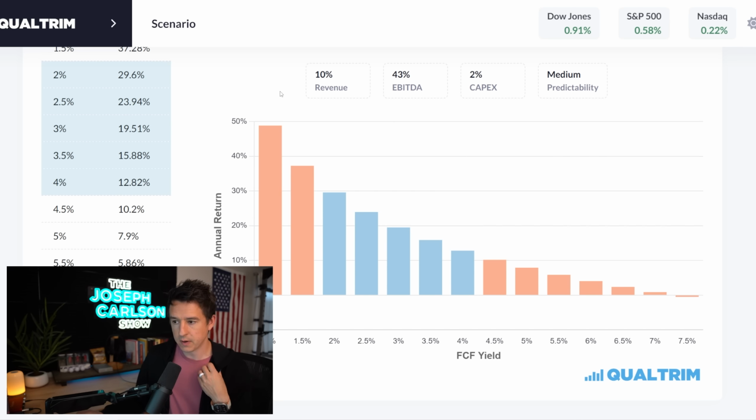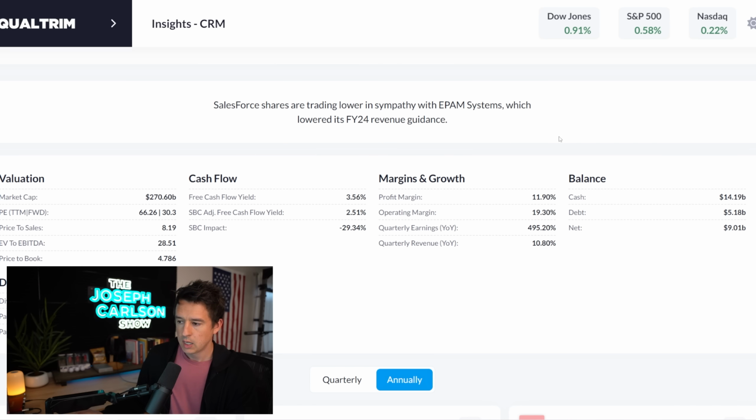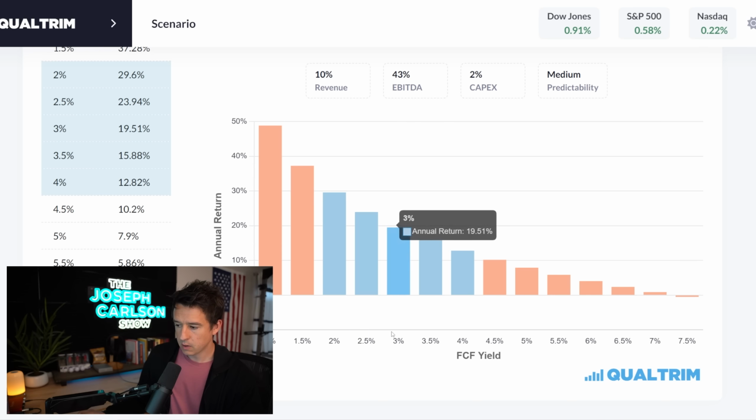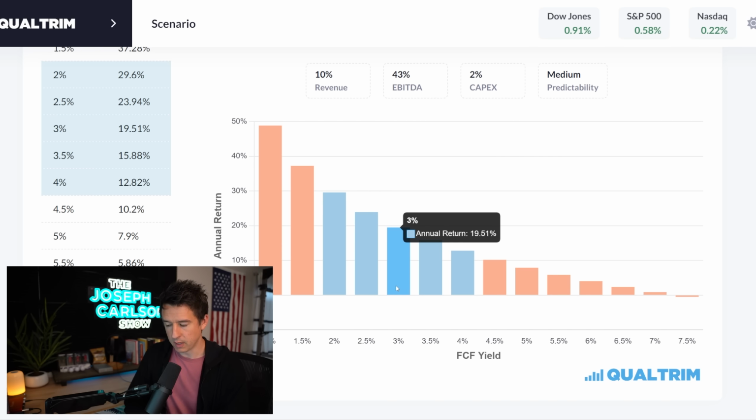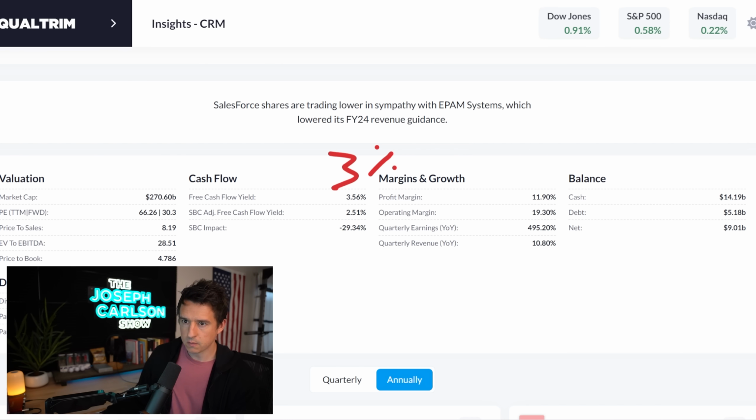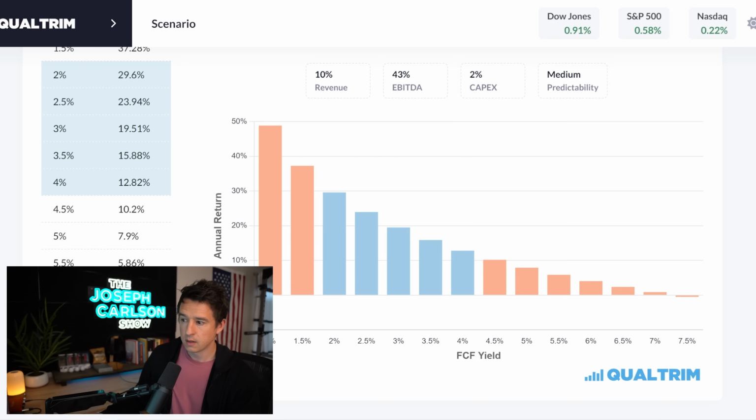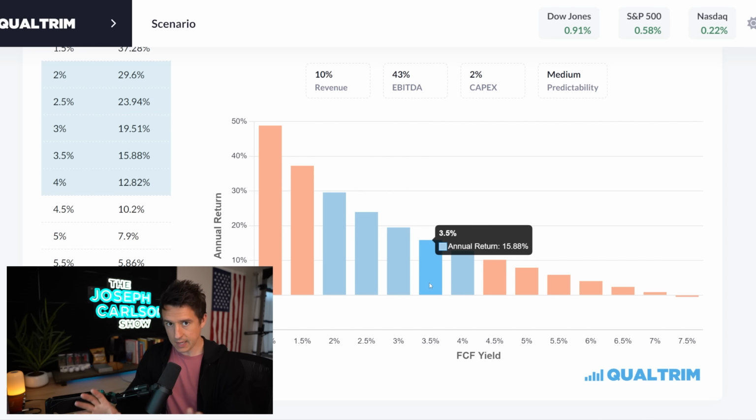Another way of thinking about this very simply is if the free cash flow yields 3% today, this shows you the return if it were to just stay at 3%. So right now, Salesforce trades at 3.5%. If the multiple or the free cash flow yield doesn't go up or down, it's going to have a 15.8% return.